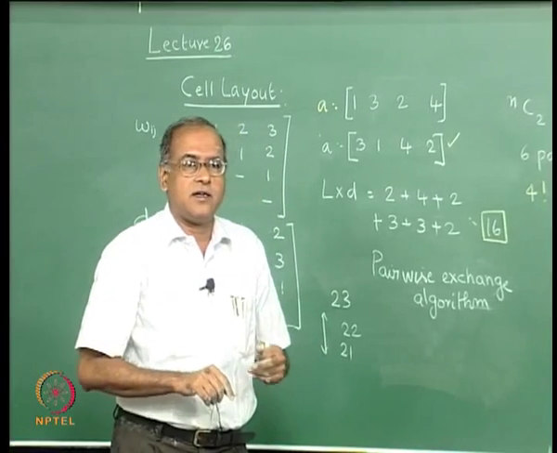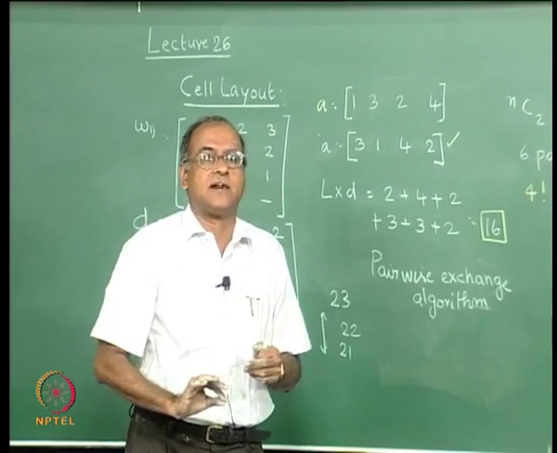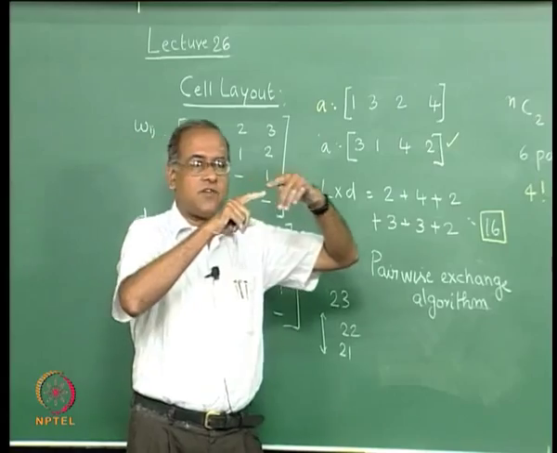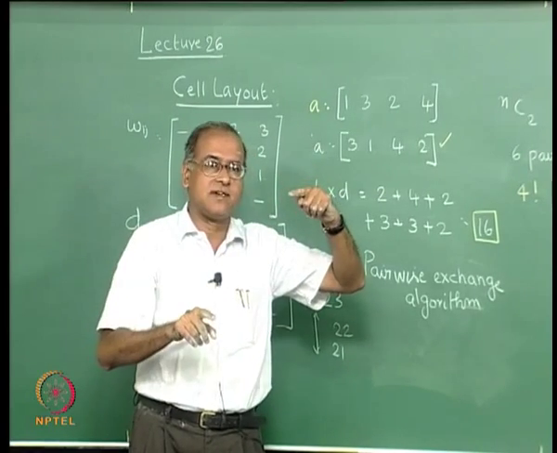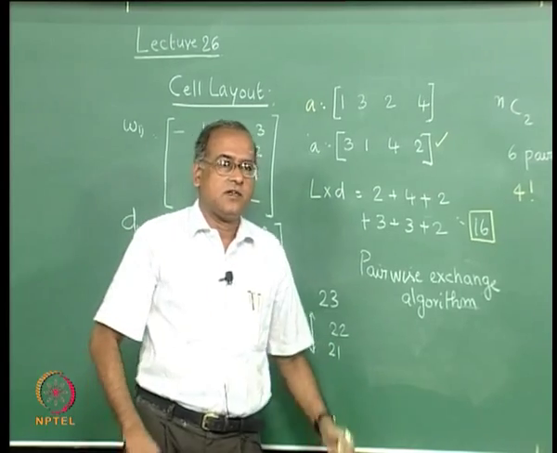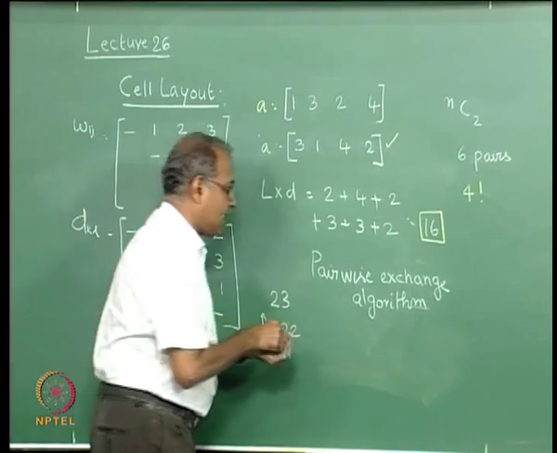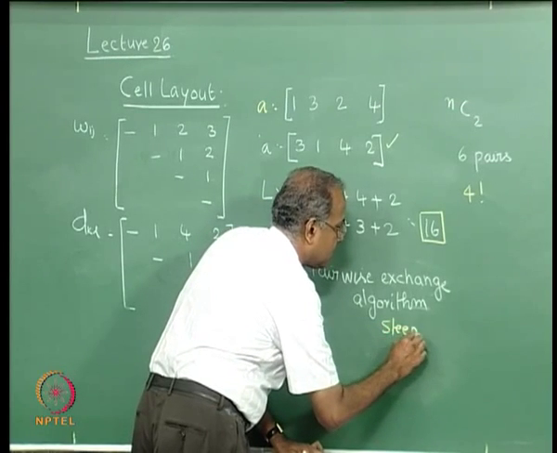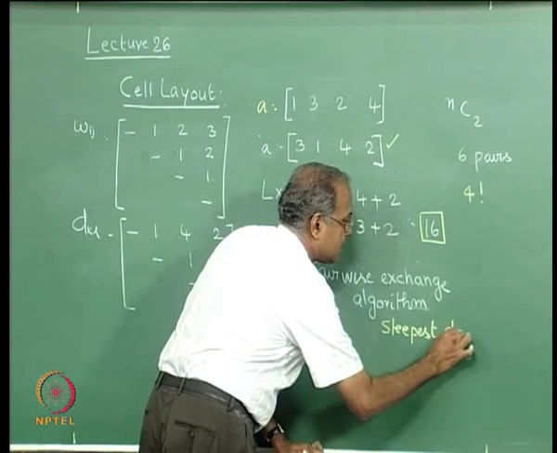This is called the method of steepest descent, which means you are at one point with 23, and from there you move to the point of steepest descent, which is the best solution that you get in that cycle. So this is the pairwise exchange algorithm following the method of steepest descent.